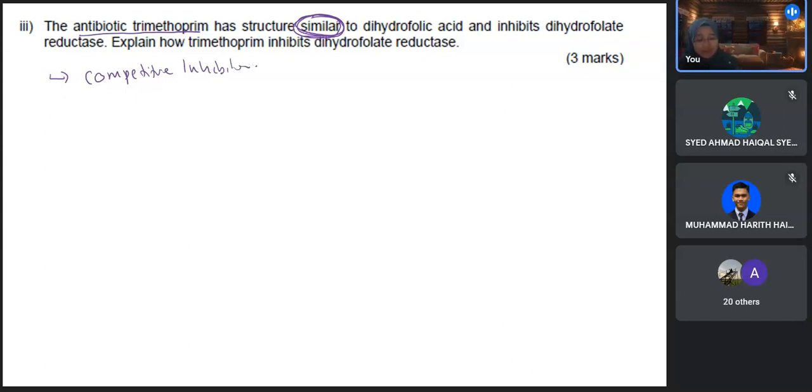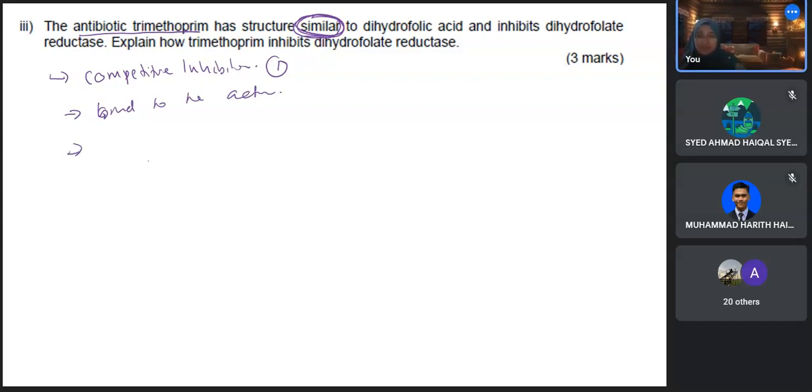So the inhibitor or the antibiotic binds to the active site of the enzyme. Second point, the first point is competitive, the second point is binds to the active site of the enzyme. And then another one, what is the consequence?